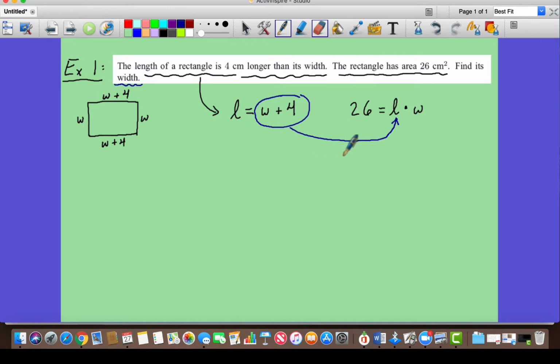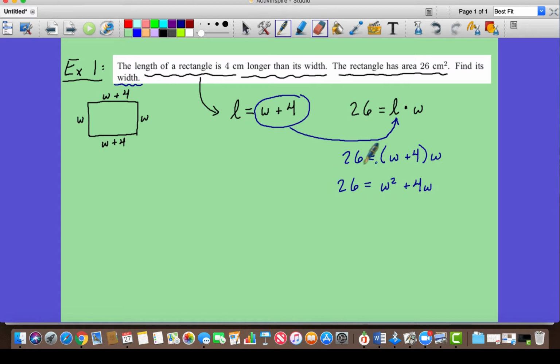That gives me a new equation, 26 is equal to W plus 4 times W. With some algebra, I have 26 is equal to W squared plus 4W.